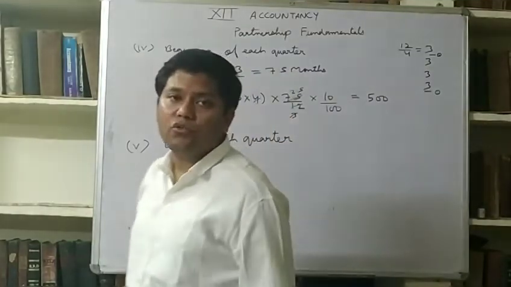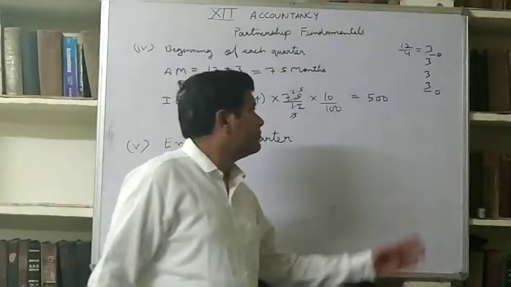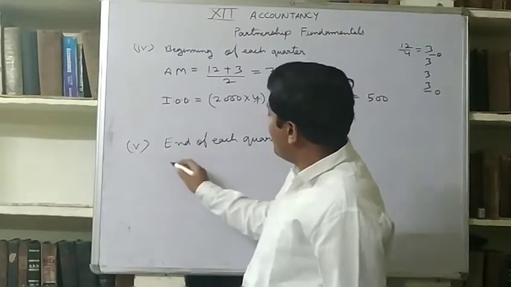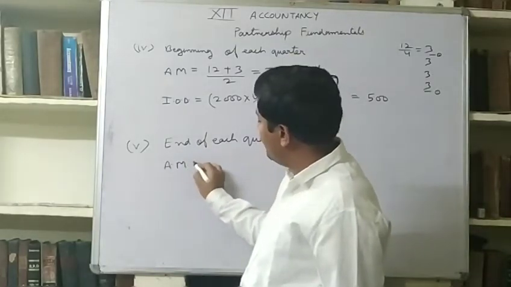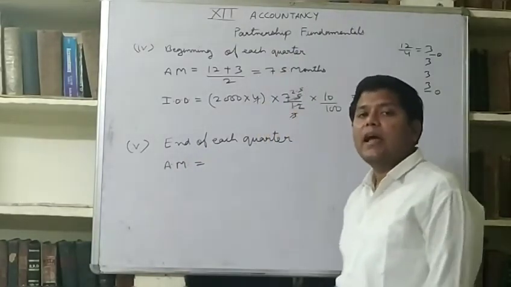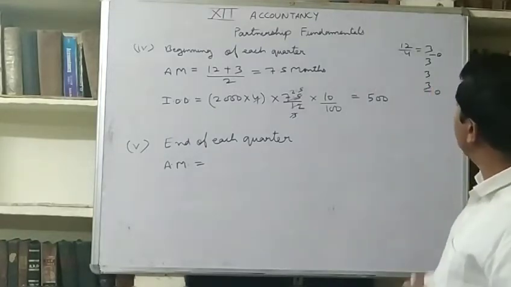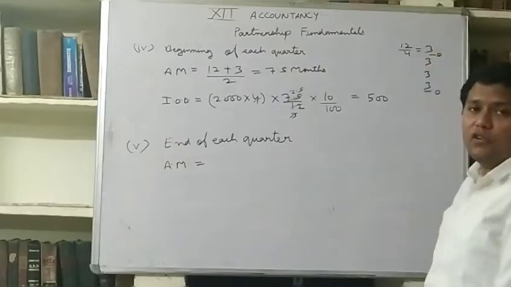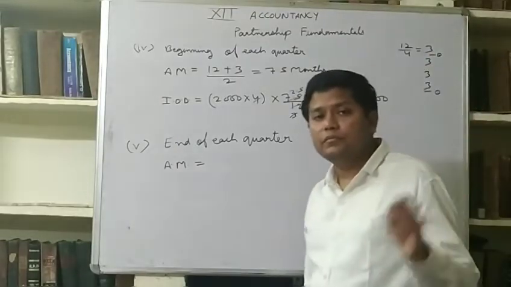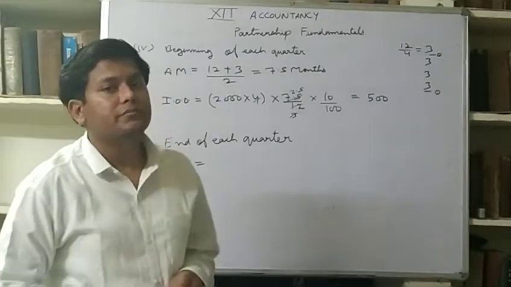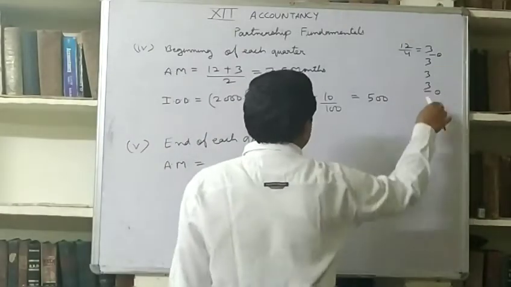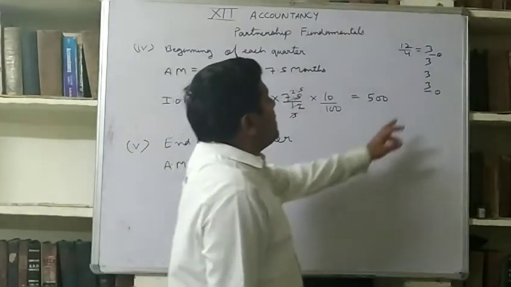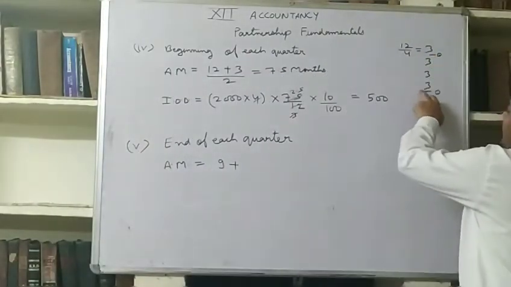At the end of the last quarter means at the end of the year. So how can we calculate average months? Average months can be calculated in this way. The first drawing is made at the end of the first quarter. So 3 months have gone. How much time is remaining? 9 months. So average months will be 9 plus the period remaining after last drawings.